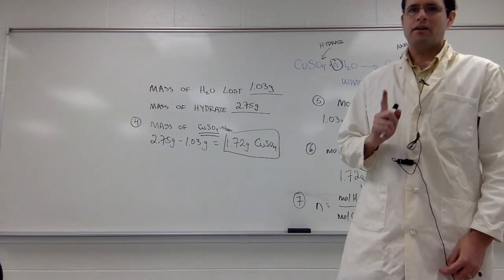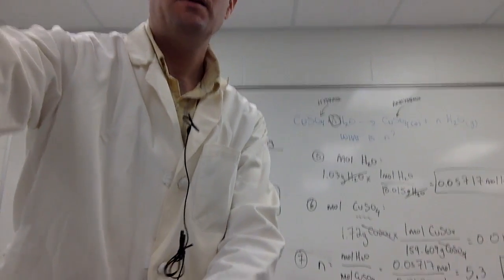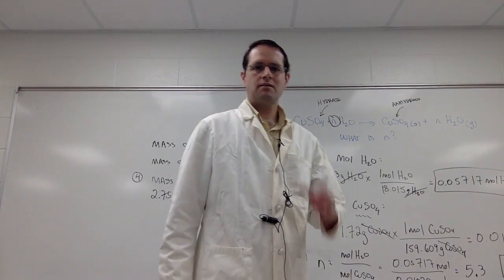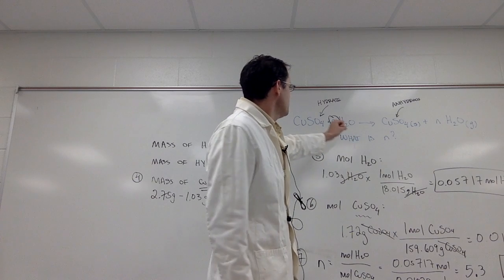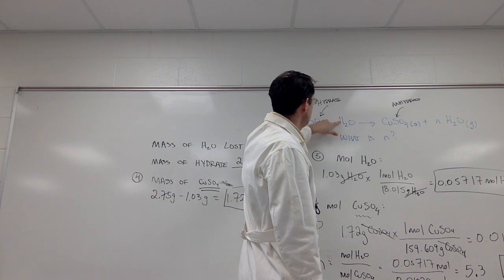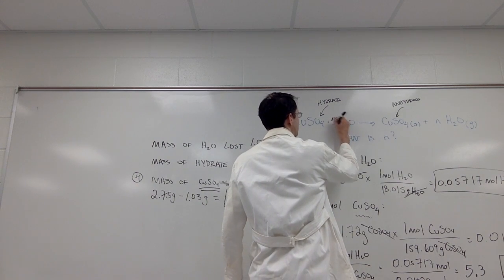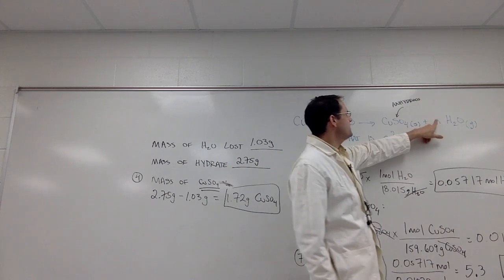So that means I can go back to my chemical reaction here. And if I wanted to write a balanced chemical reaction for the data I obtained in the lab today, I would write copper sulfate pentahydrate with a 5 there. And to balance this chemical equation, I would need to put a 5 right here.